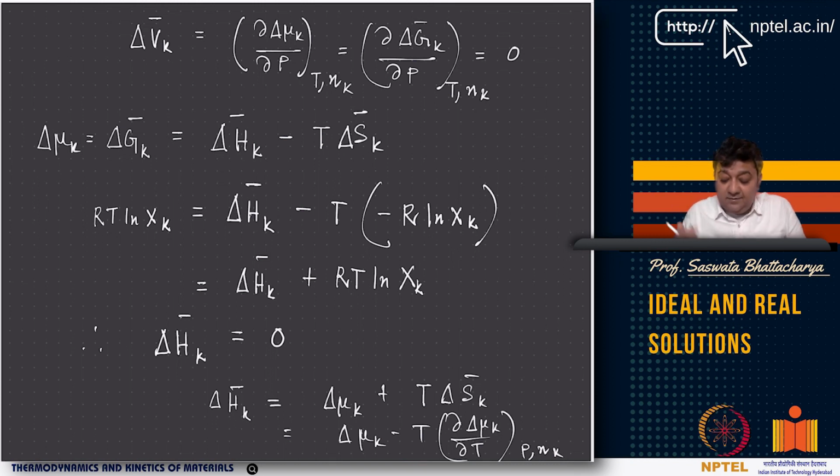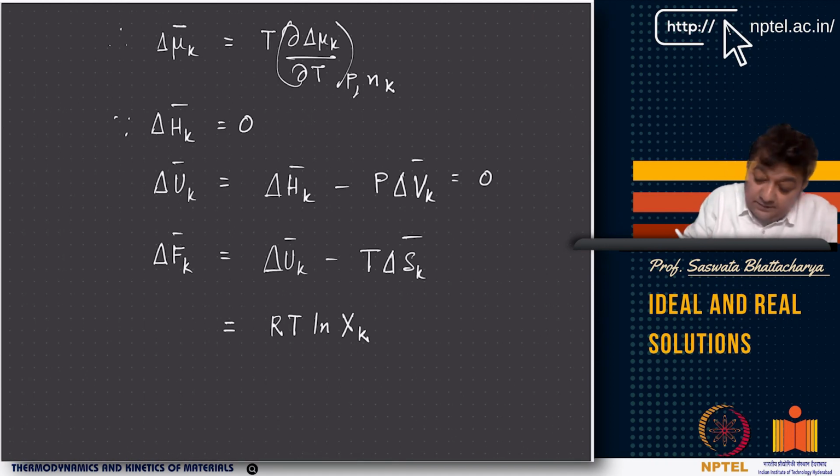You can also prove it this way: delta Hk bar is delta mu K plus T delta Sk, which is delta mu K minus T del delta mu K del T. You get the same expression, 0. So the change in partial molar enthalpy due to mixing is 0. Now delta mu K can also be written as T del delta mu K del T. Is this possible?